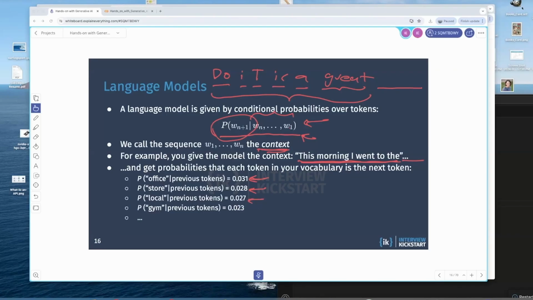There's a chance that the next word is local, because maybe the sentence continues: this morning I went to the local post office. So local is also a reasonable choice. Gym is the next choice in terms of probability, 0.023.